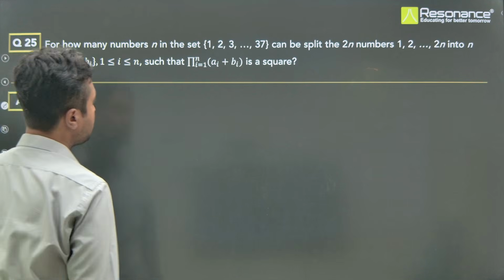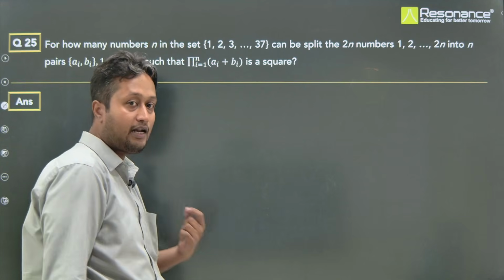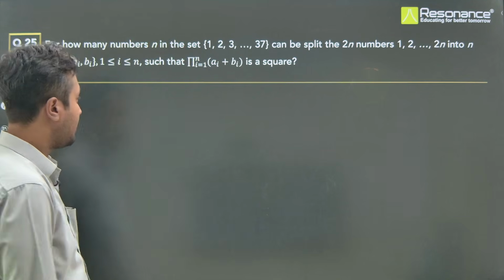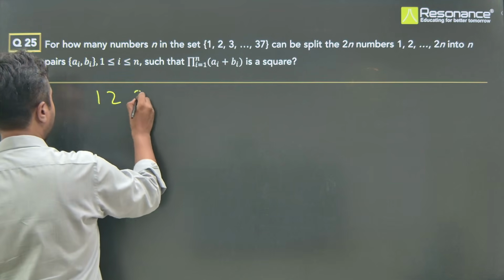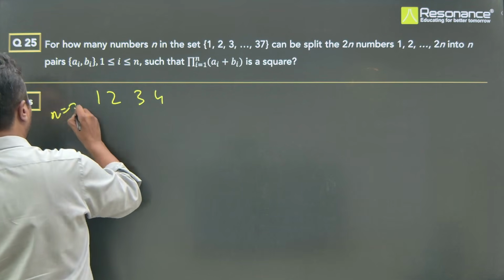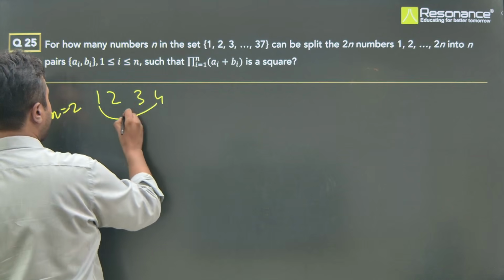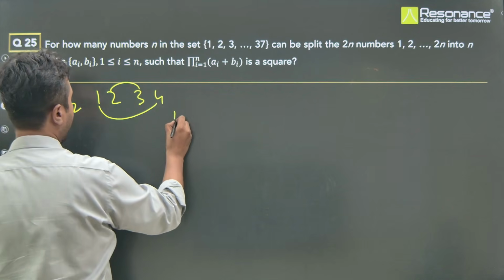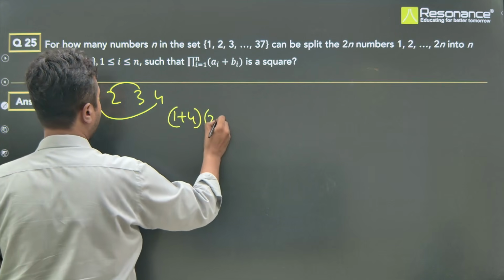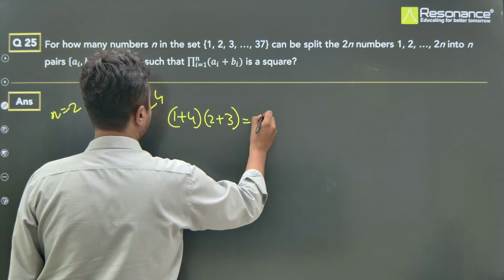But my guess would be, the thing is, for every even number n, it works out. For example, just take 1, 2, 3, 4, n equal to 2. All you got to do is pair them up like that. You will have 1 plus 4 into 2 plus 3, and that is 5 squared.